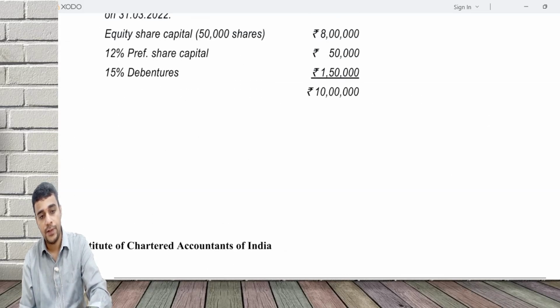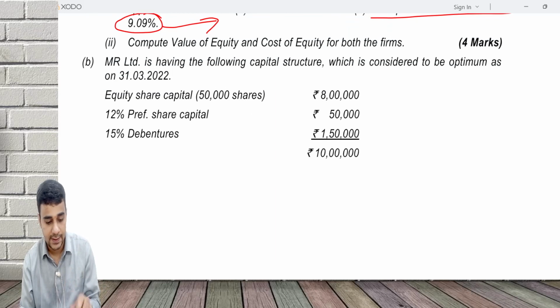Again, this is a problem which we have done in the regular class. It's there in the ICAI study material as well, in the ICAI set of questions. It was a past RTP or exam question. Go through this.